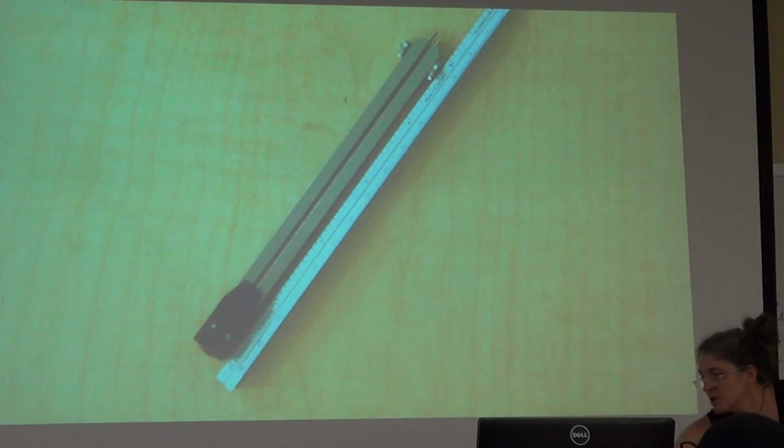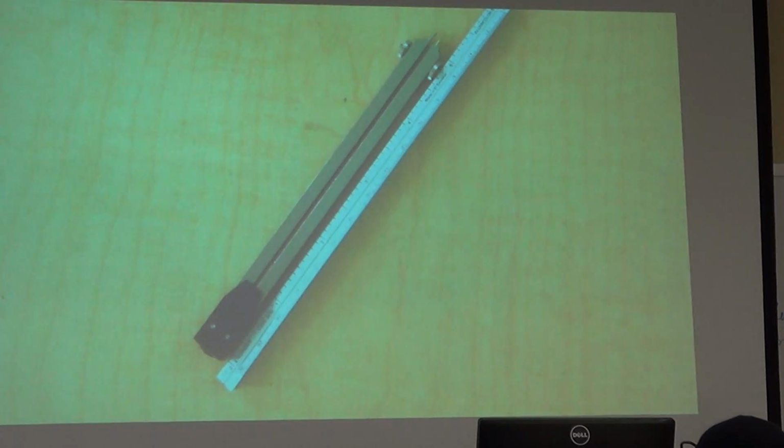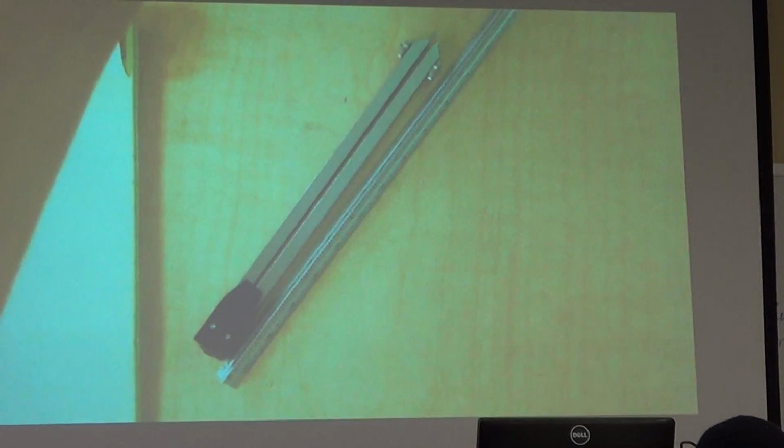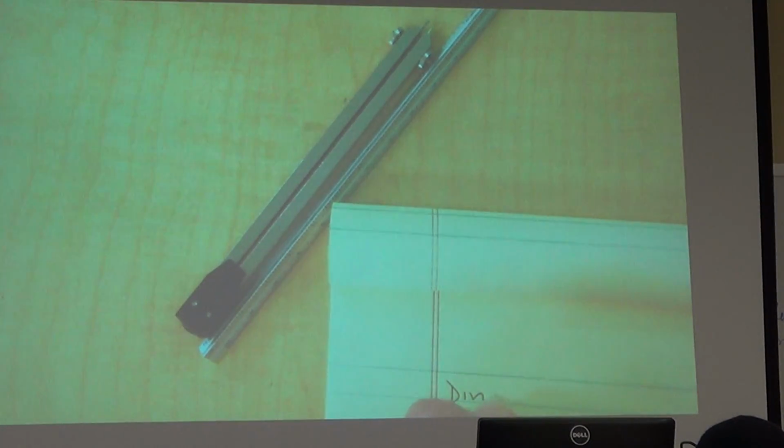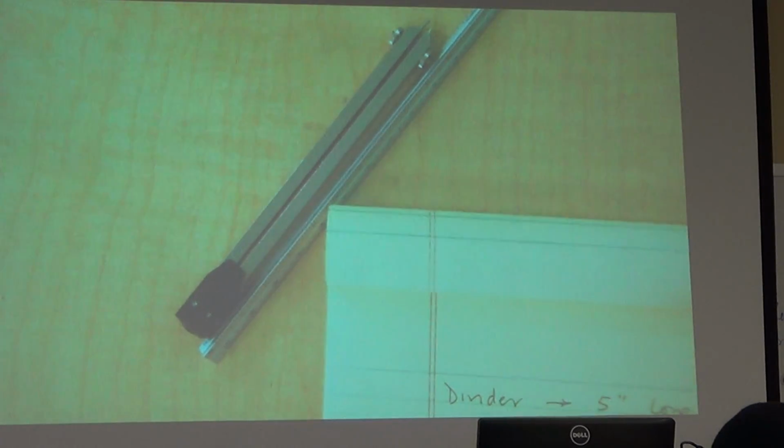I'm going to put it on another piece of paper. My divider is 5 inches long. If I use a 1 to 2 size or scale, how big is it going to be on paper? And if I do the 2 to 1, what's the length on paper? Talk to the person next to you.